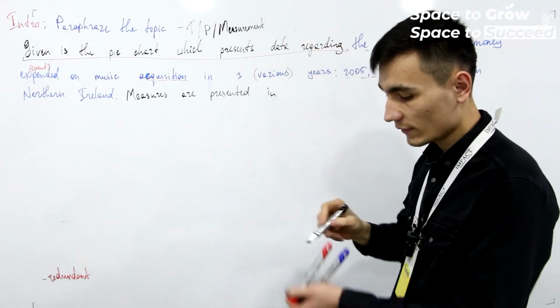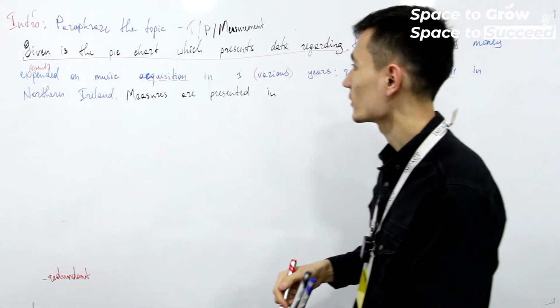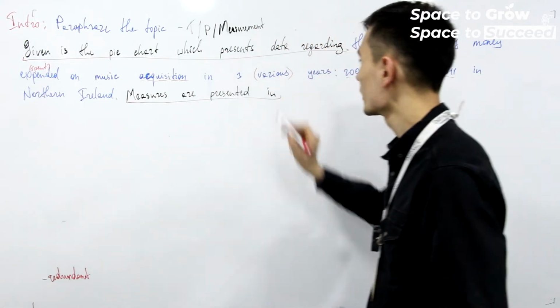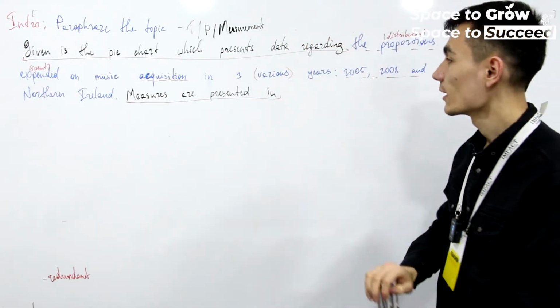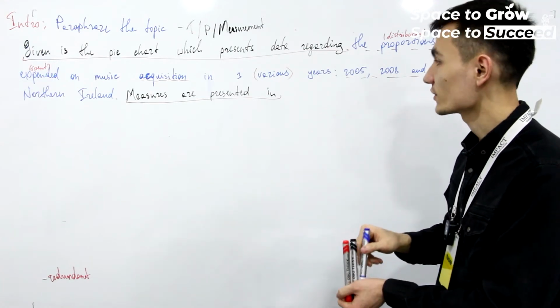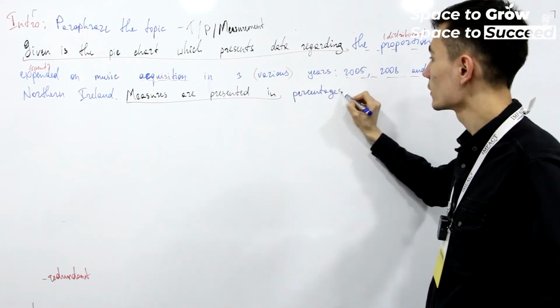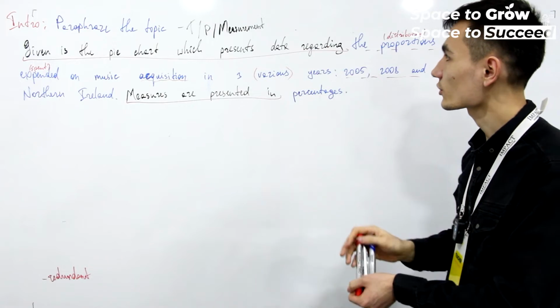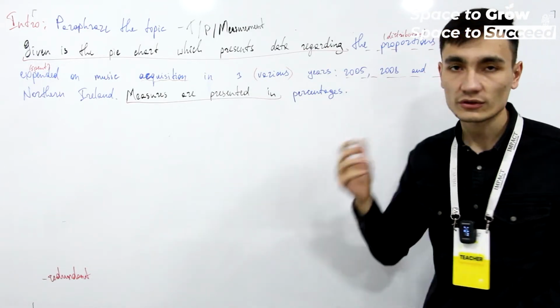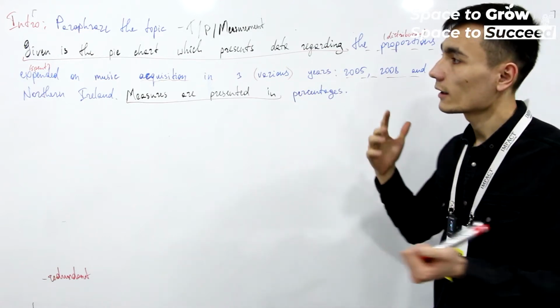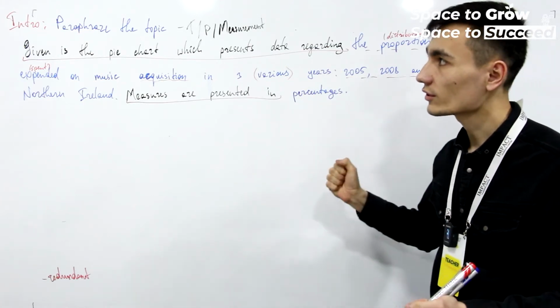So measures are given in or measures are presented in. It just basically doesn't matter. Presented in, and let's just look at these numbers, and as you see, it's percentage. So we write in percentage. So that will be the end of our introduction, 2 sentences, and set structures, and we just simply paraphrase the topic. And now let's move on to our summary structure.